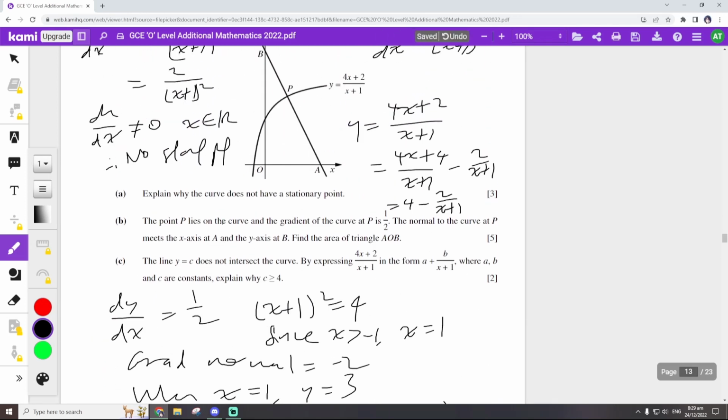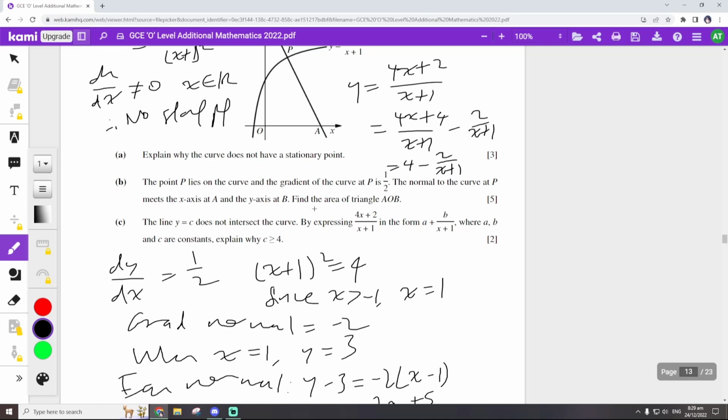The line y equals c does not intersect the curve. I expressed it in this form already. Just now I showed you how. Explain why c is greater than 4. From the diagram, when c is less than 4, there's a point on the curve.